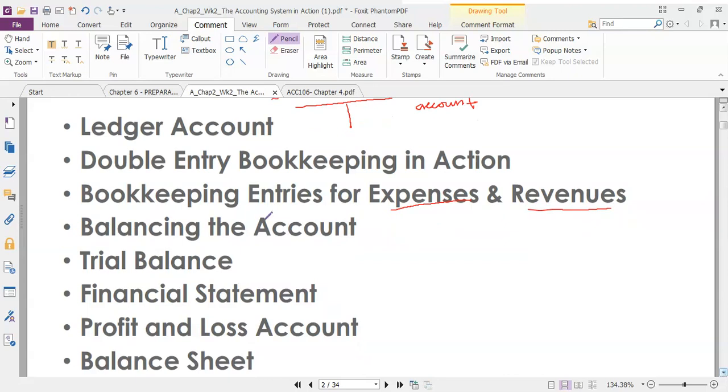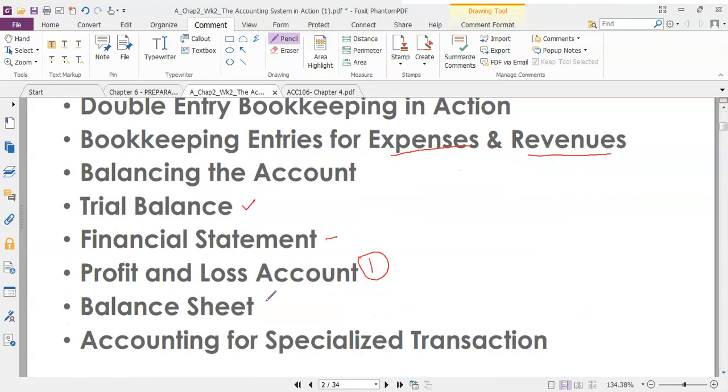After that, we must know how to do balancing of the account, and then the new thing, trial balance. After we do ledger account, the second step is to do trial balance. After we do trial balance, then lastly we must do the financial statement, that is profit and loss account and also balance sheet statement.